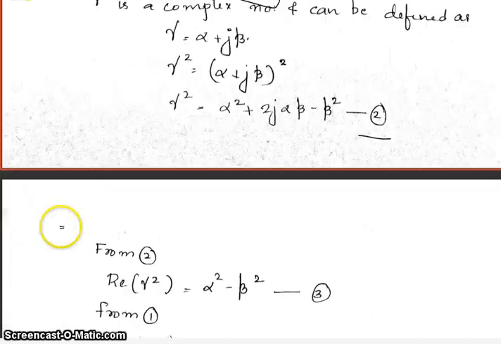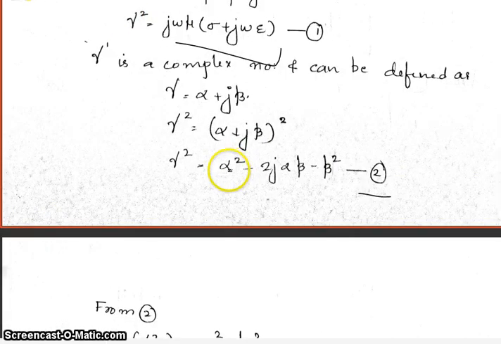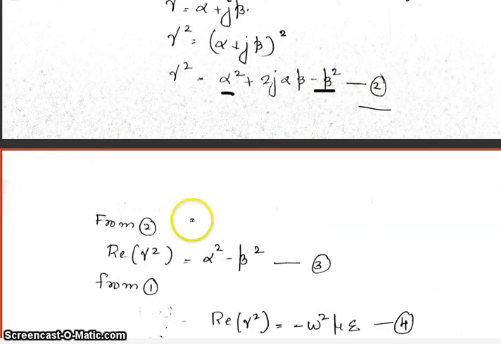In the next step, I am going to take the real part separately from this gamma square. Real part of gamma square is equal to alpha square minus beta square, which is my equation 3.